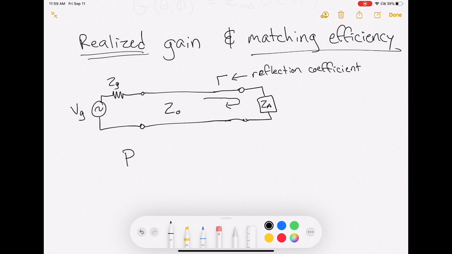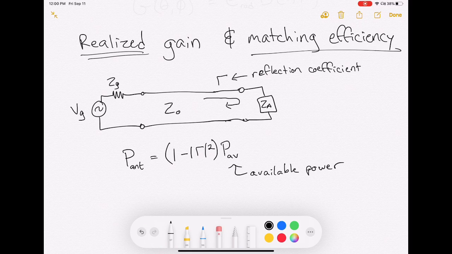The power that's delivered to the antenna is 1 minus the square of the reflection coefficient magnitude times the available power. And again, if you need to know what the available power is, review that section on transmission lines that I'm going to put up, and you can read that.